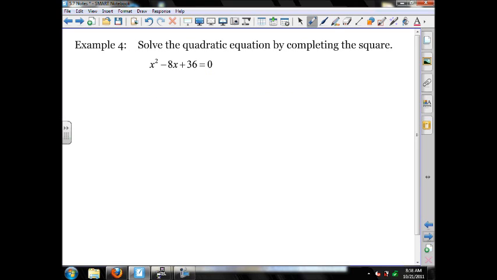Solve by completing the square. X squared minus 8x plus 36 equals 0.